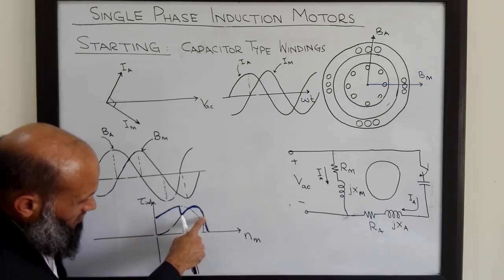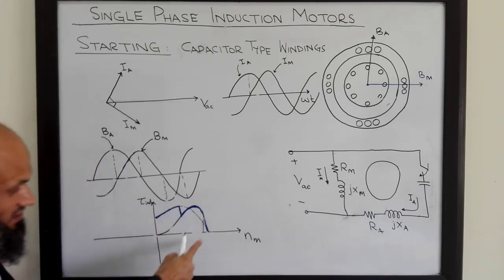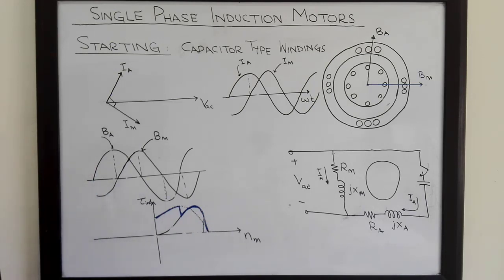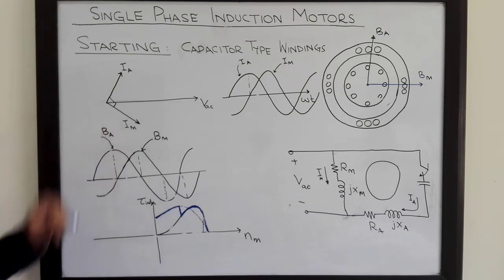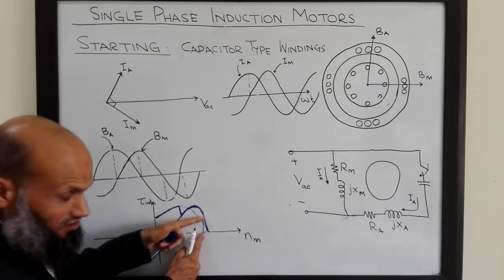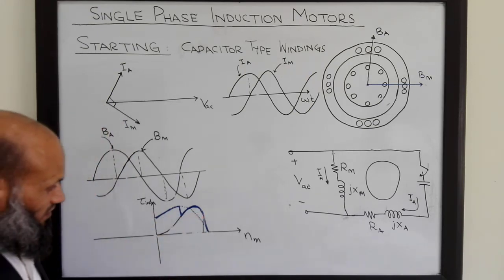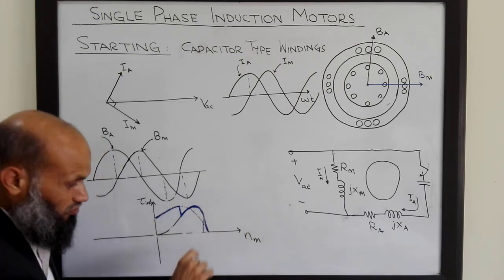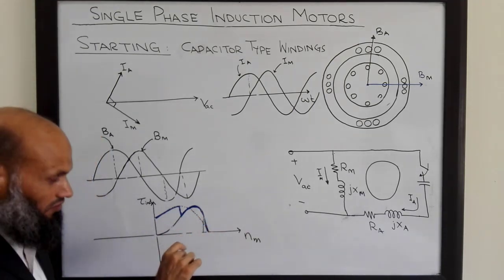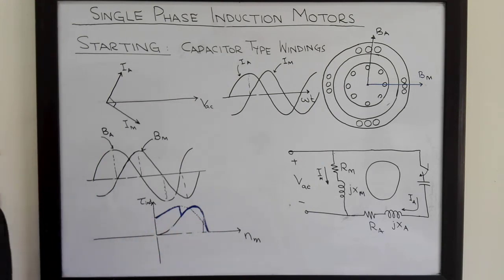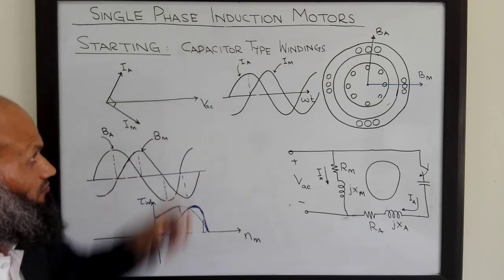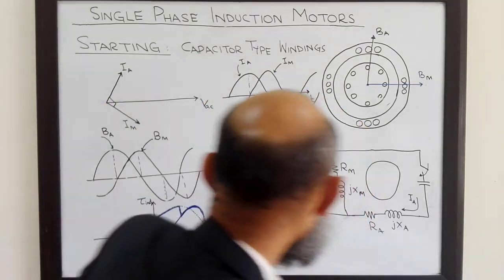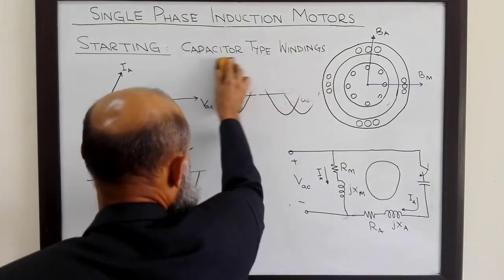However, performance at the rated load and rated speed will not be good. Otherwise, we can set this balance at the rated conditions, and then the performance of this motor at the rated condition will be very good. However, starting torque will be less. So we can have different variations of these capacitor type windings, with these three different situations.